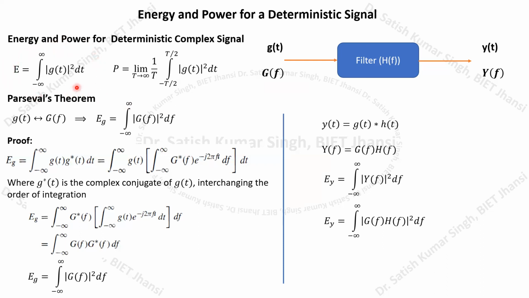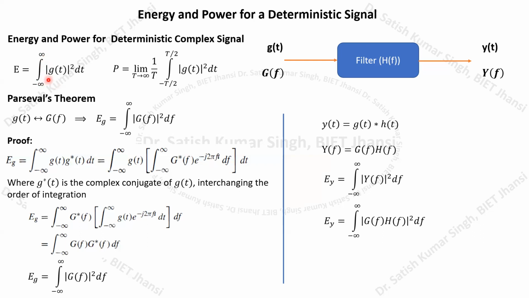Let us say we have a time domain waveform denoted by g(t), and if it is a complex signal, obviously we have to take the mod and square it, and then integrate over time from minus infinity to infinity. Since it is an energy signal, it need not vary from minus infinity to infinity, so whatever the existing period of g(t) is, we substitute as the limits.